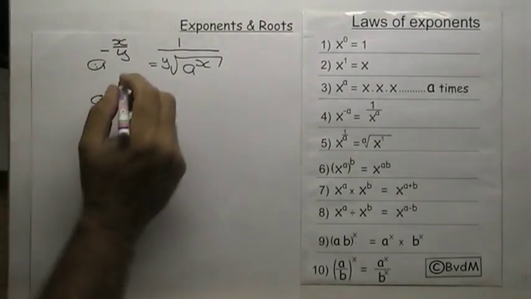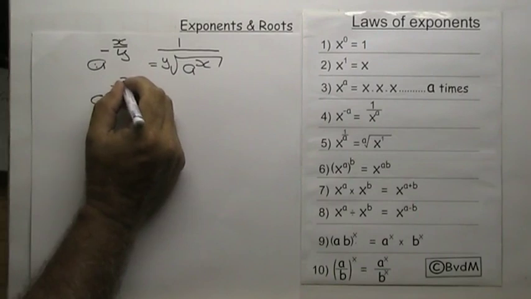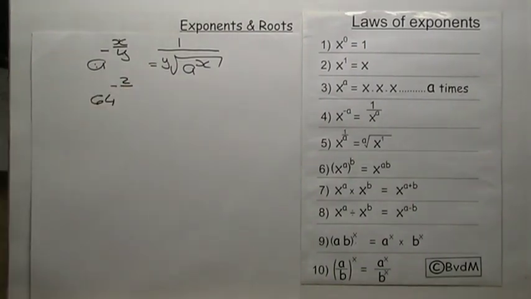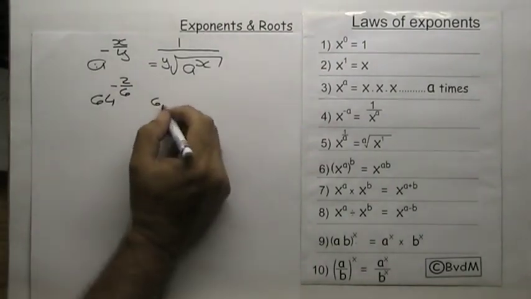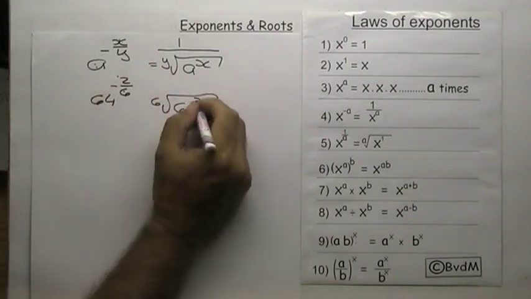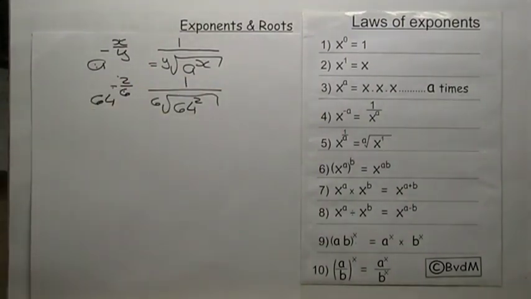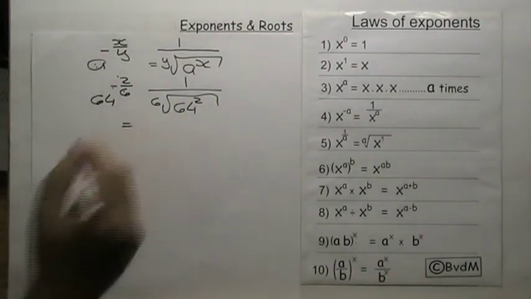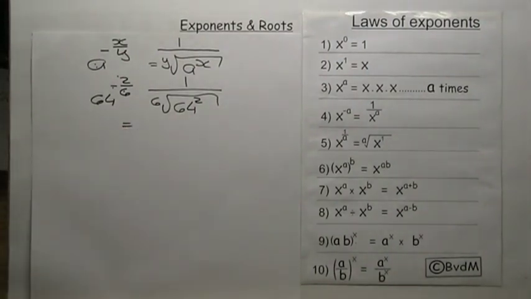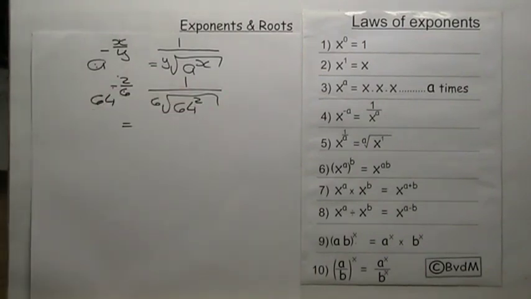64, and we make that to the power minus 2 over 6. So I want the 6th root of 64 squared, and I want the inverse, 1 over. Let's have a look at that. Don't forget that the minus becomes 1 over.